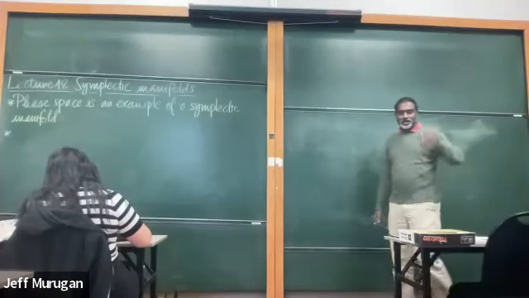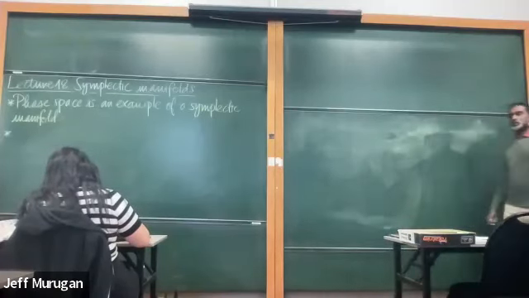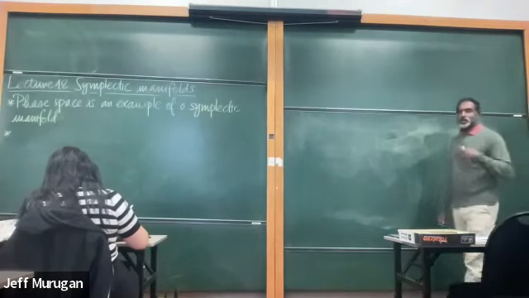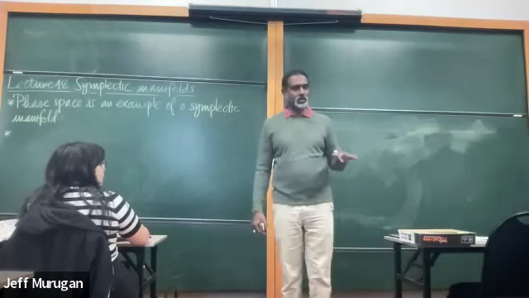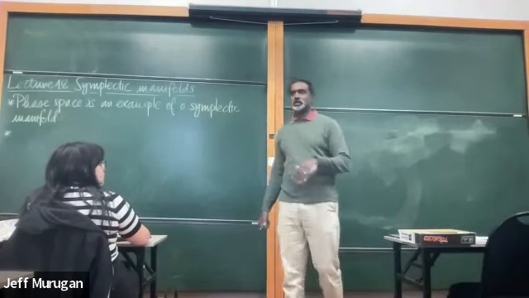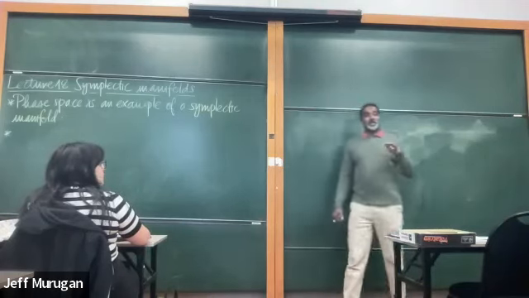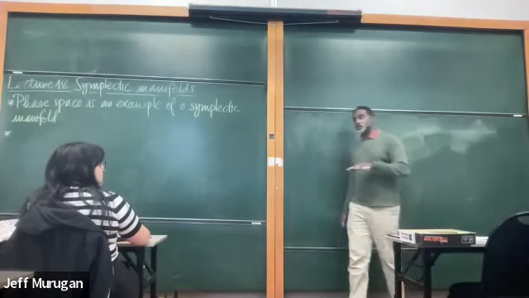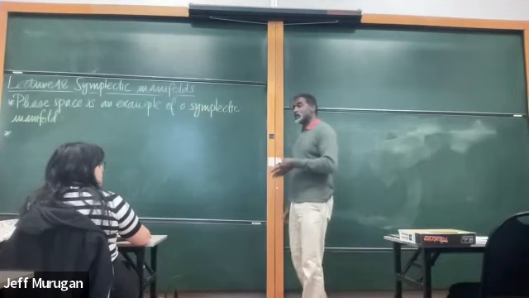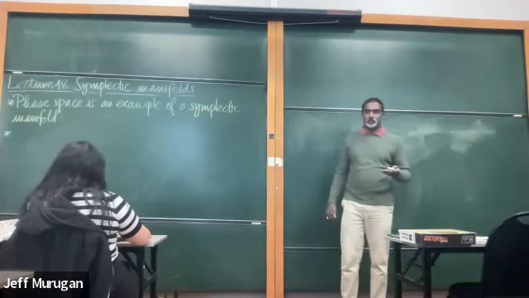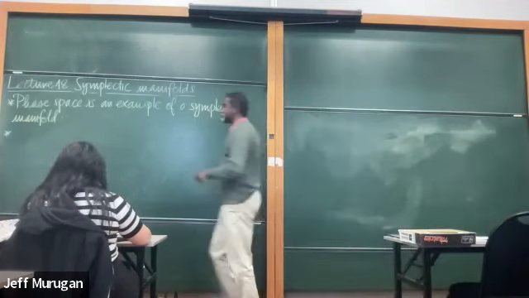Well, a symplectic two-form is a closed, non-degenerate two-form. That's it. We know what closed is. I'm going to tell you what non-degenerate is just now. But if I can find any such closed, non-degenerate two-form on the manifold, then I say that that manifold is symplectic. Okay.